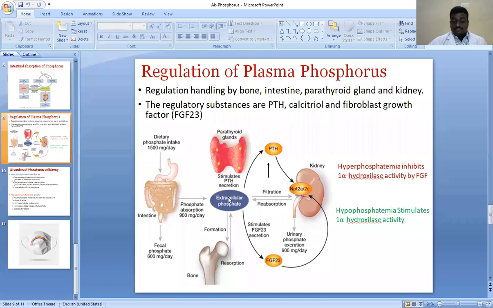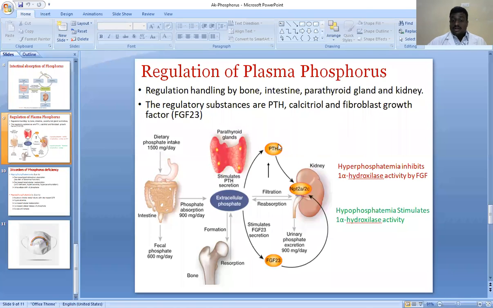When the phosphate concentration increases above the normal range, parathyroid hormone is released from the parathyroid gland. Why do I say it is opposite to the calcium regulation?